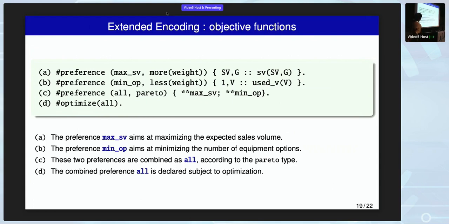In rule C, these two preferences are combined as all, according to the Pareto type. In rule D, the combined preference all is declared subject to optimization.